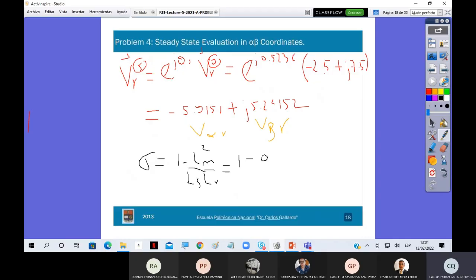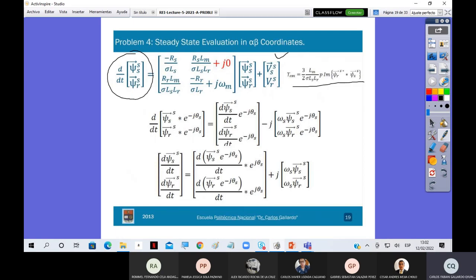Applying the conversion factor, I have in Henrys 0.0025 squared over the stator inductance 0.002587 times the rotor inductance 0.002587, and this is equal to the leakage coefficient, which is 0.0661.